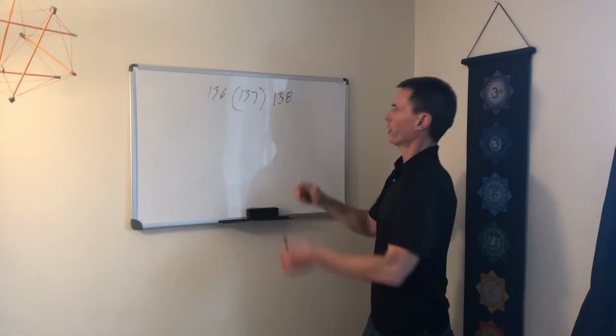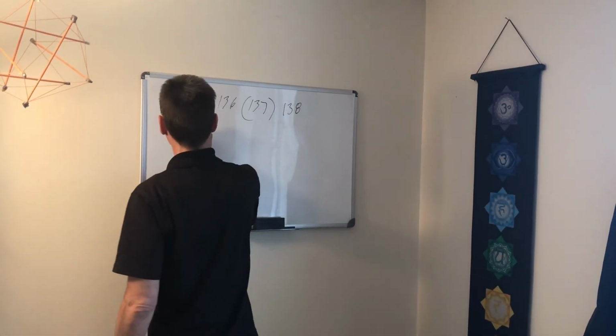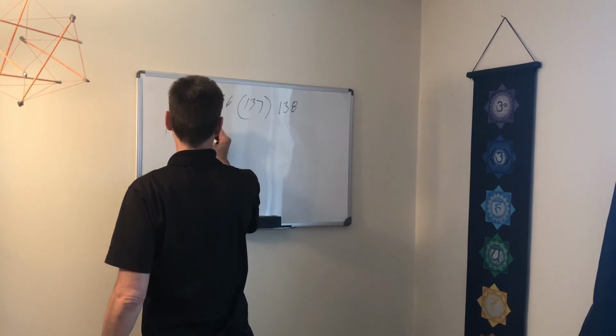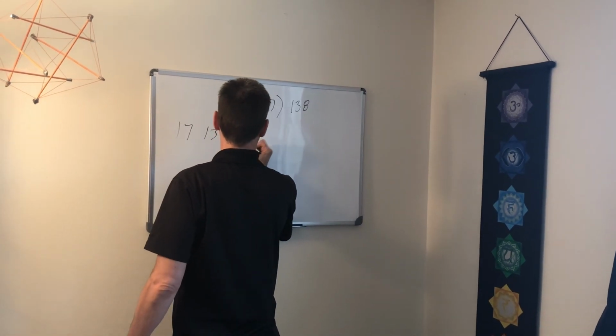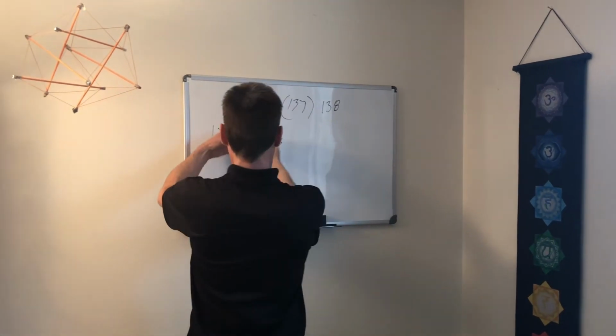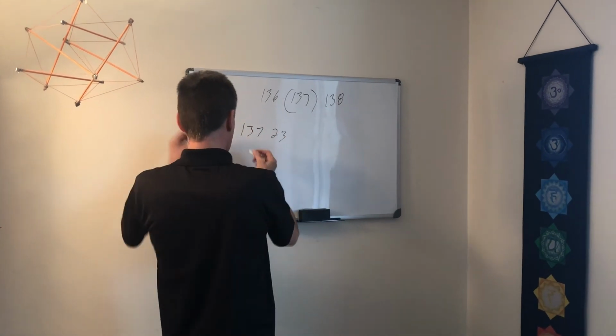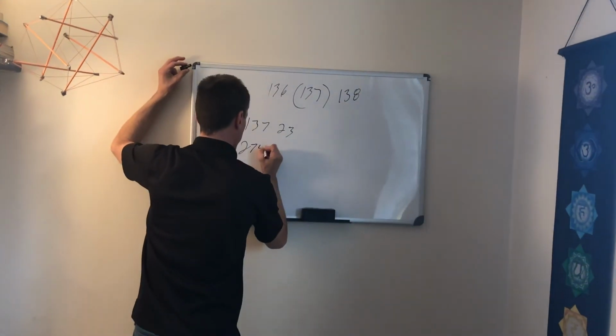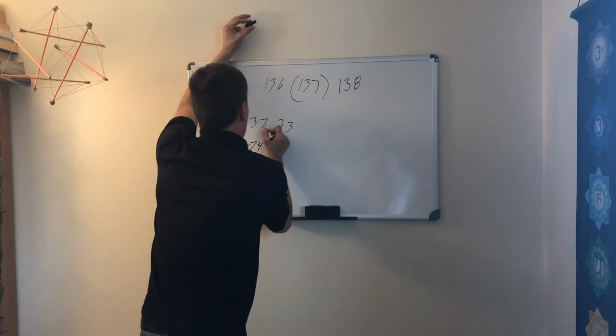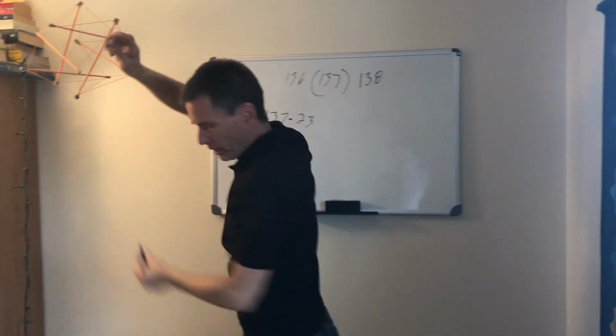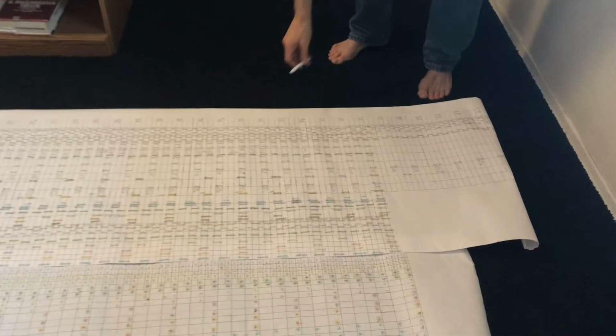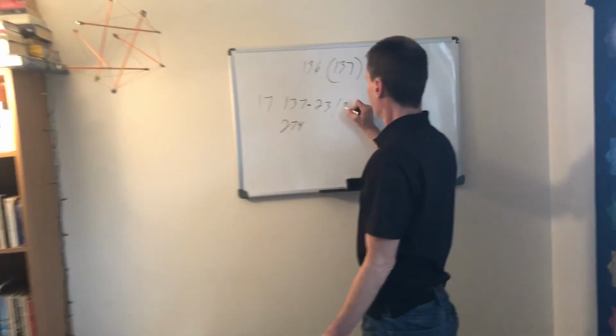The 17 and the 23, they revolve around that number 137. When this doubles to 274, now you're going to notice the 23 shows up on the 138 and the 17 shows up on the 136. That's just the basic math, right?